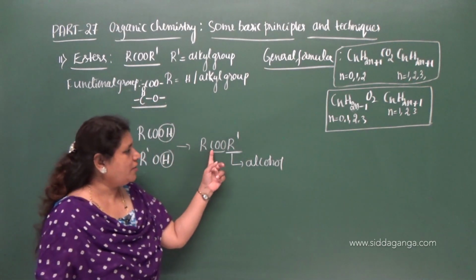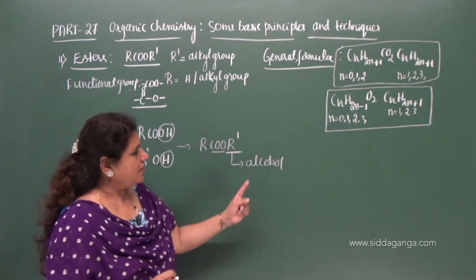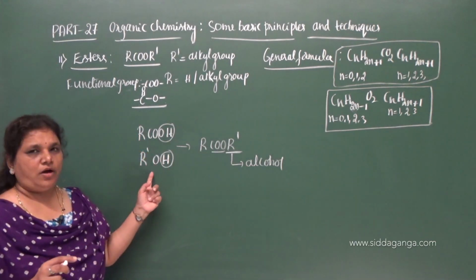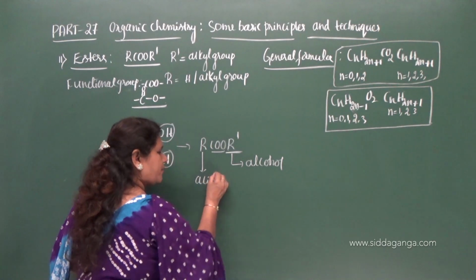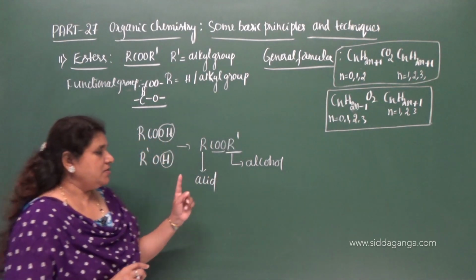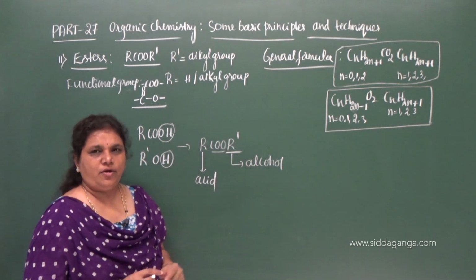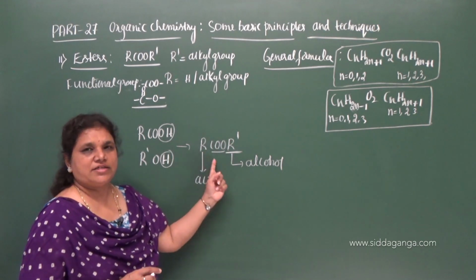After the COO group, whatever alkyl group comes is from the alcohol, and this other alkyl group is always from the acid. Remember, this is from the acid and this one is from the alcohol. Clear? Now this is the general representation of esters.